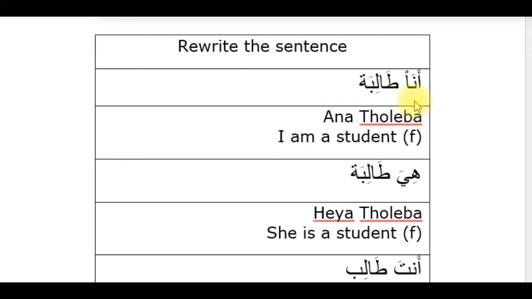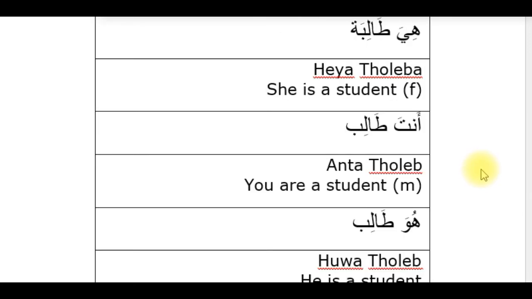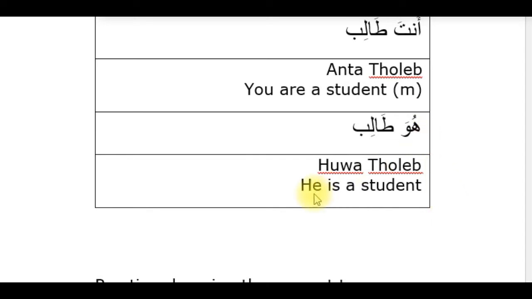Let's read أنا طالبة. هي she طالبة, a female student. أنت you طالب, a male student. هو he طالب, a student.